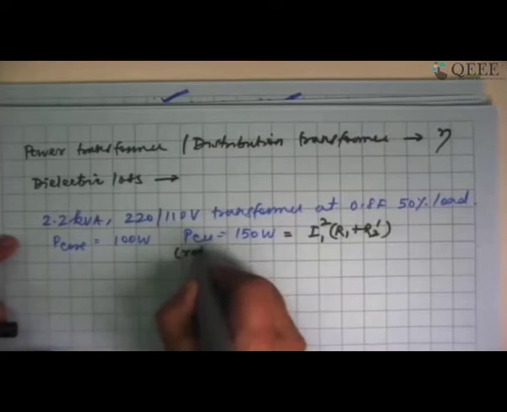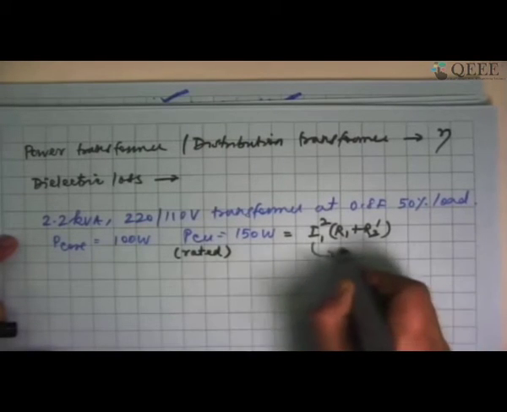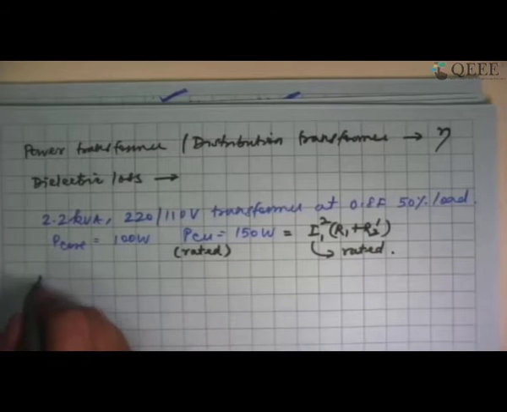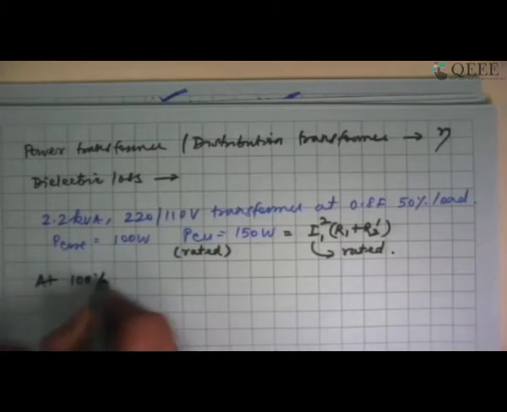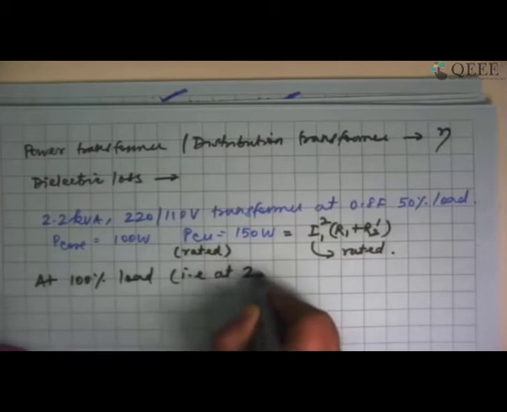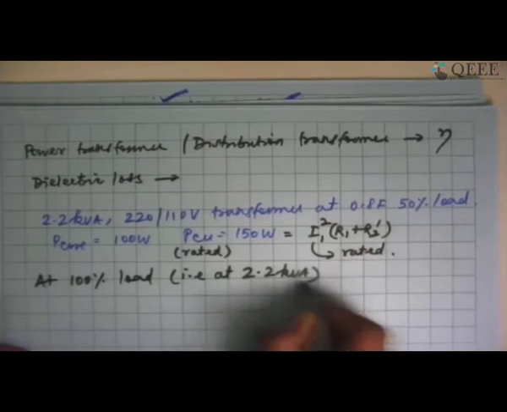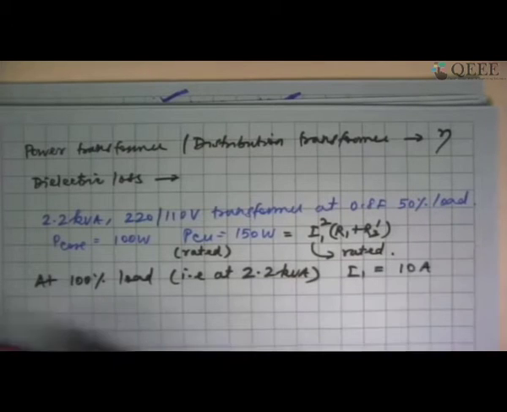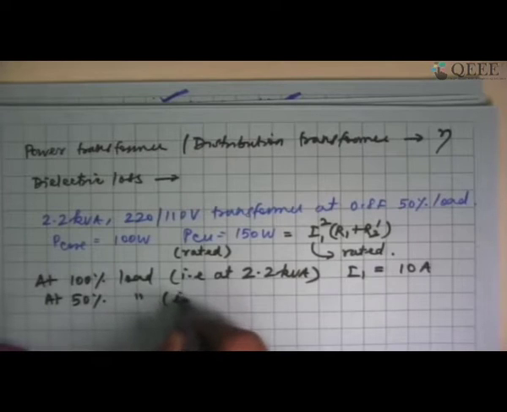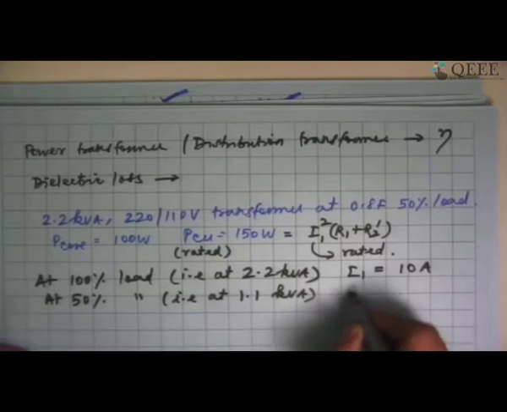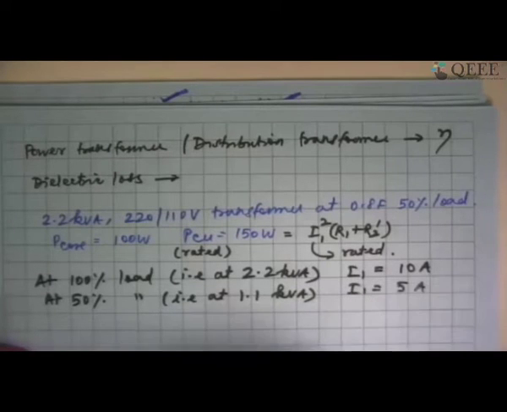If I say this is rated, this current should also be rated current. So that means if at 100% load, that is at 2.2 kVA, the current on the primary side will be 10 ampere. But at 50% load, that is at 1.1 kVA, the current will be only 5 ampere.